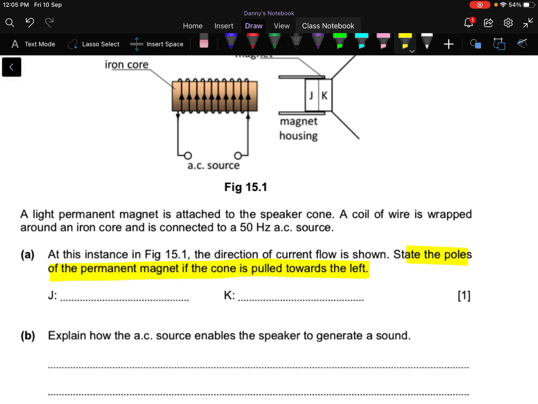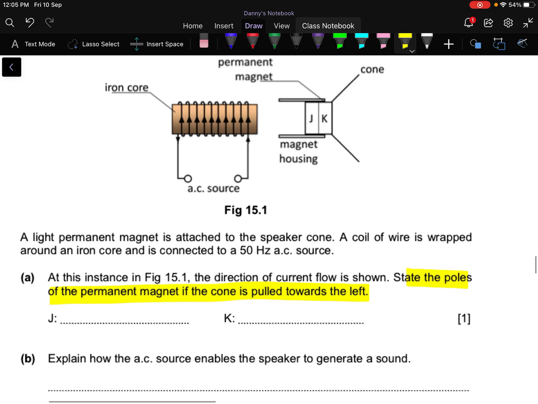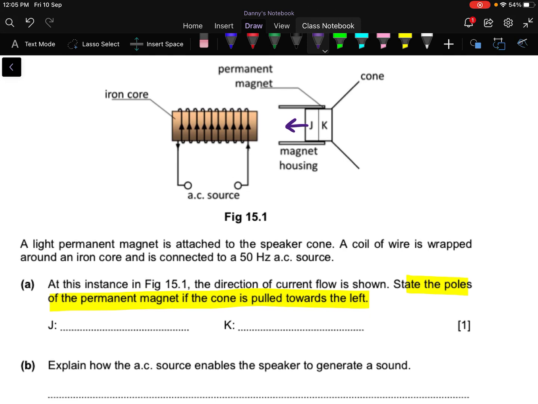So anyway, in the first question for part A, I'm actually looking out for the poles of the permanent magnet. And what I gave you as a hint is that this magnet is actually moving towards the left.